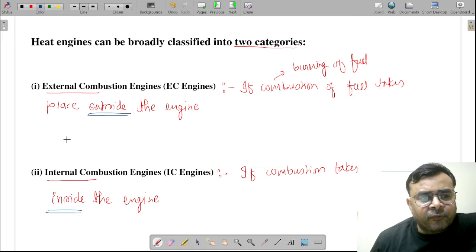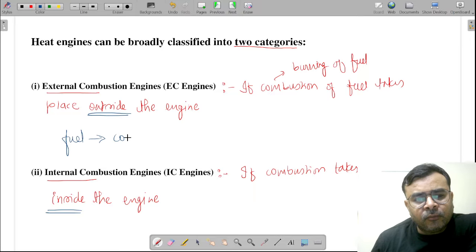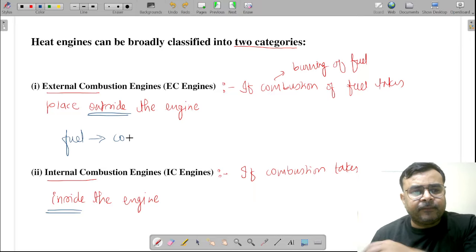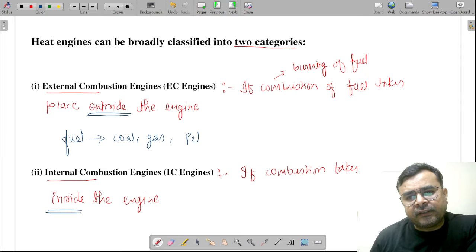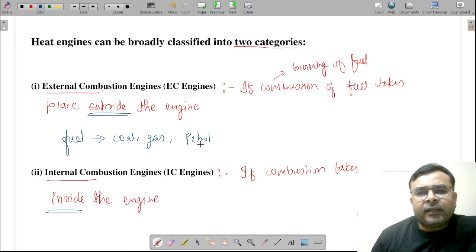And if I talk about fuel, then obviously here we can use either coal, we can use gas, natural gas, or we can use petrol, diesel, etc., is it right? Correct.